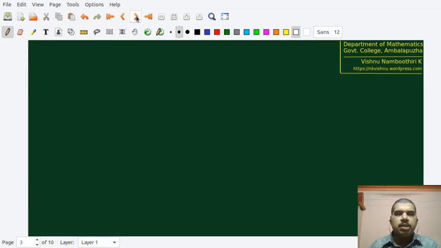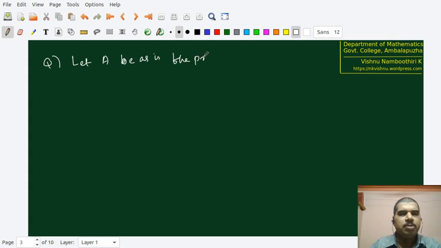Now we will see another problem which is more or less similar, but here instead of adding C, we are going to multiply with C. Let A be as in the previous problem, that means bounded above and non-empty. But C belongs to R is such that C is greater than 0.